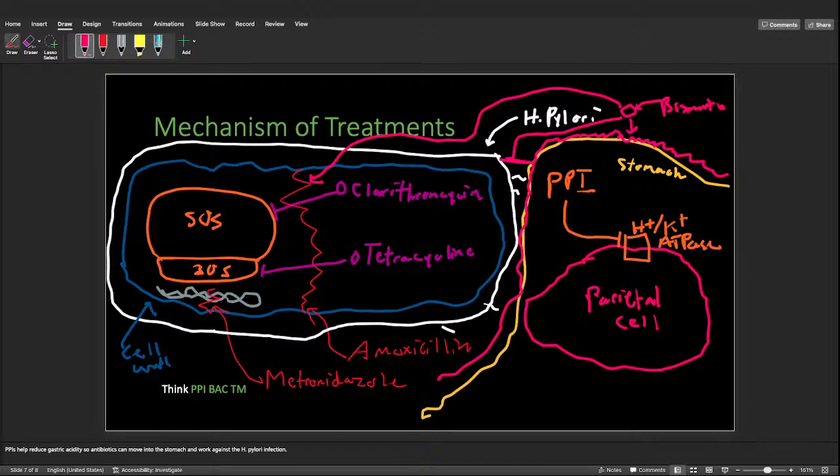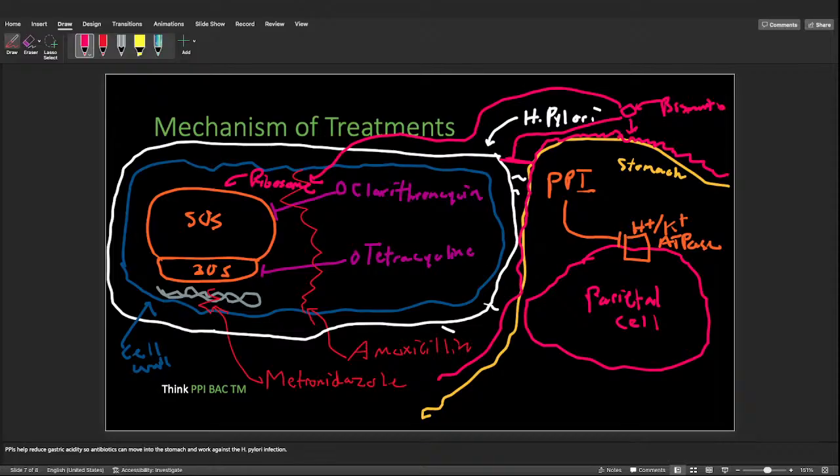Right here, this is your ribosome, which is divided into the 50S and the 30S.